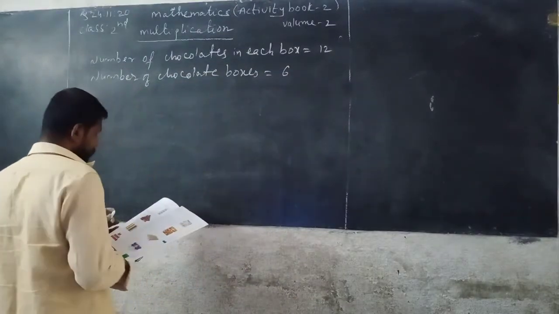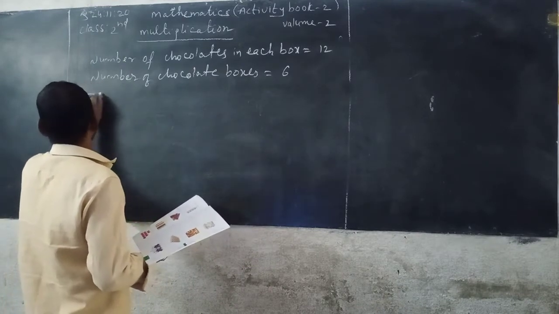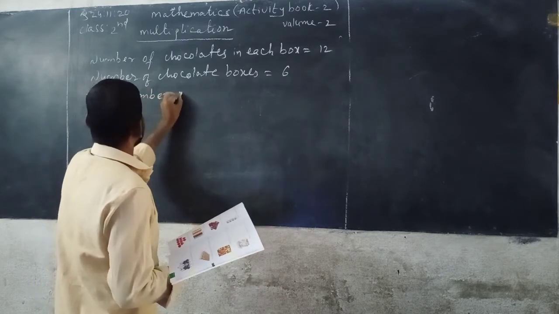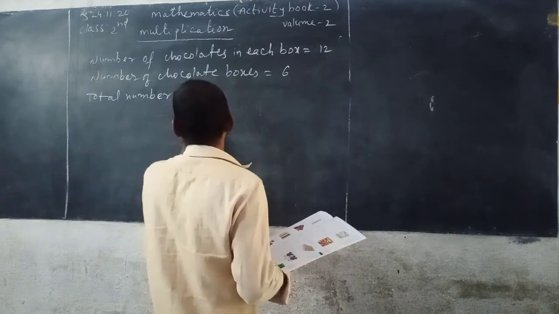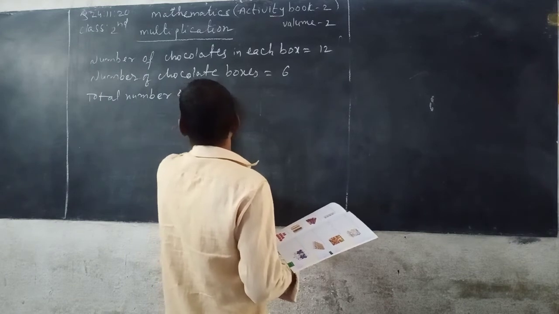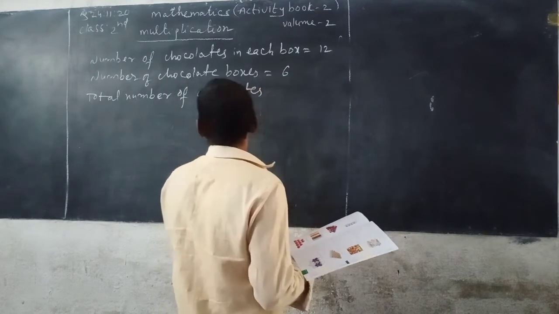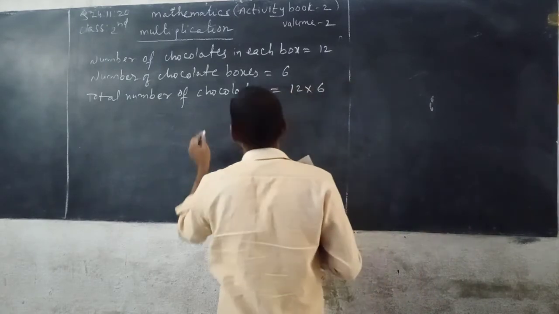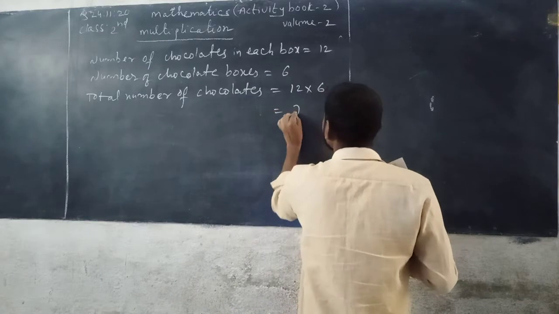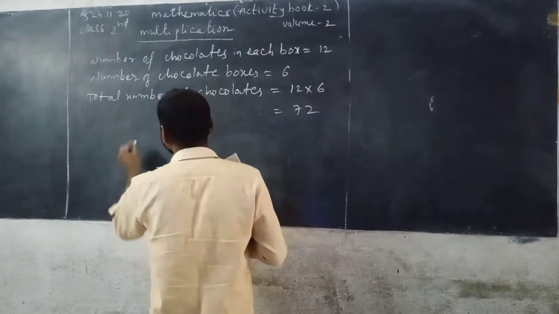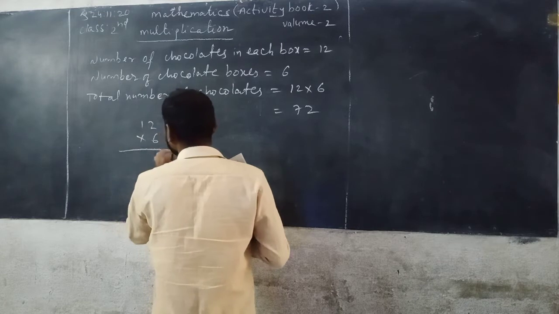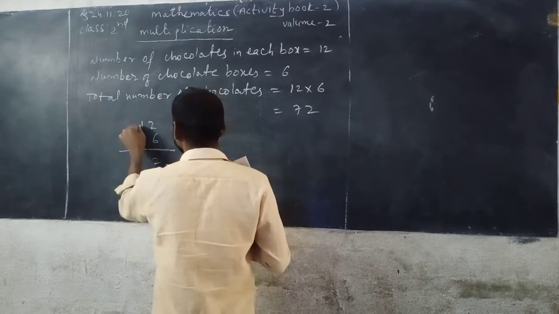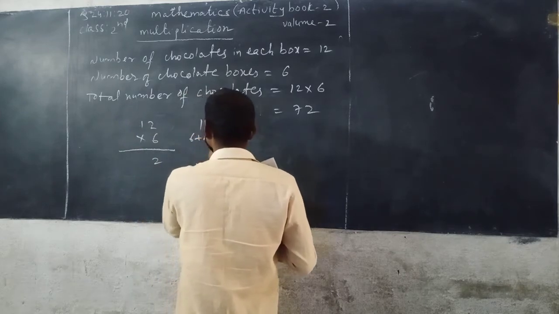Total number of chocolates is equal to 12 into 6. 12 6s are 72. You can write directly. See here, rough work: 12 into 6. 6 2s are 12. 2 taking, 1 carry. 6 1s are 6. 6 plus 1 is 7.